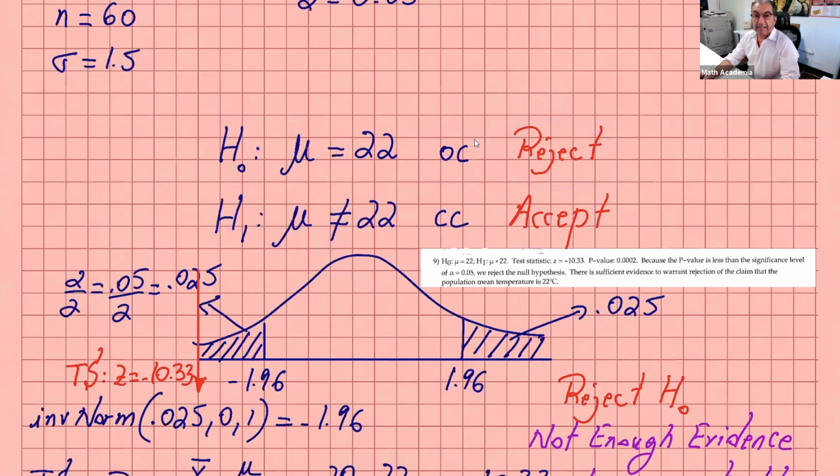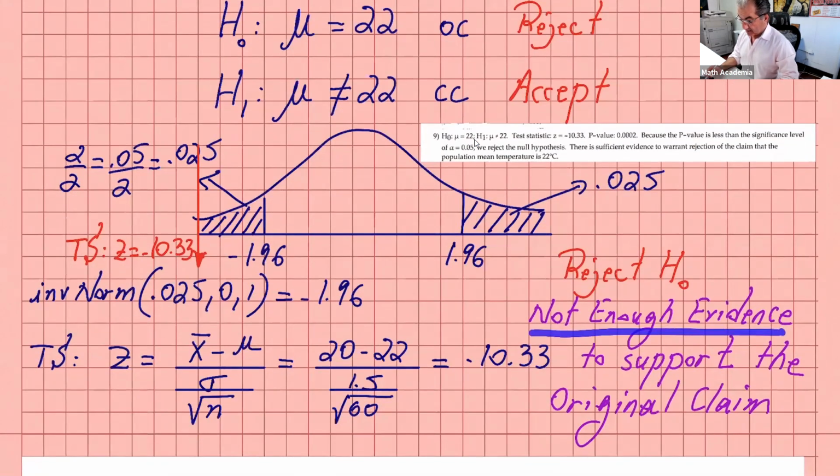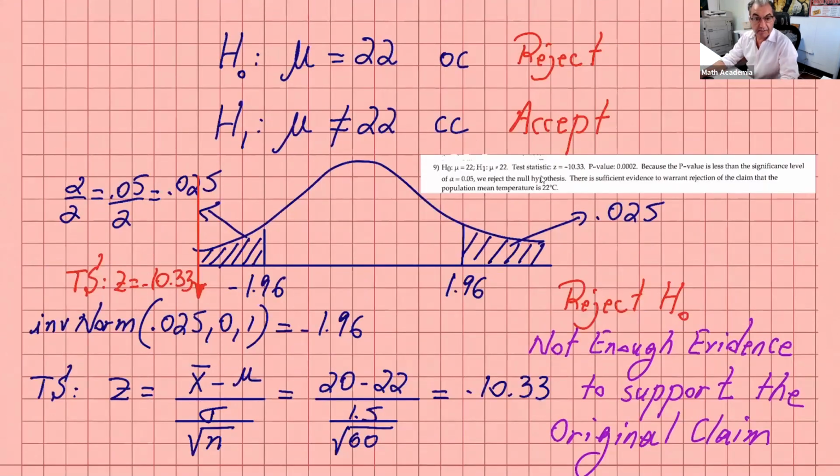If I'm rejecting the original claim, that means I don't have enough evidence to support it. So the last conclusion, you say not enough evidence to support the original claim, the claim that says mu is 22. Now, if you want to do this with your calculator, let me share the screen with you.